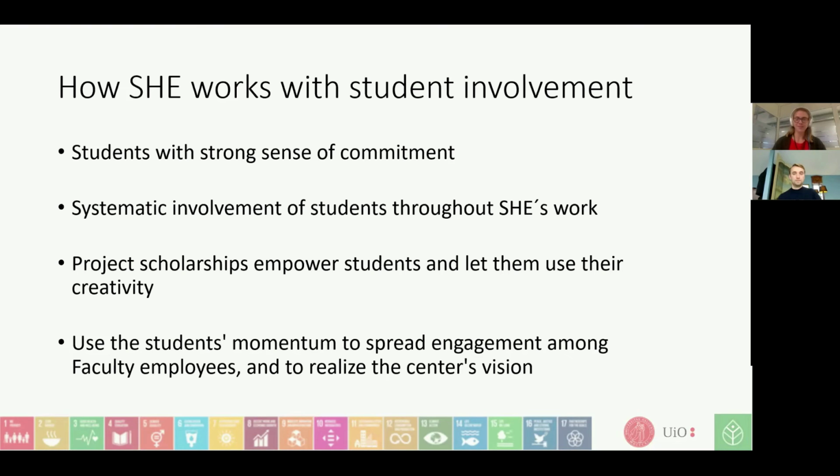The outcome of this work was that we now offer scholarships to student-driven projects. Our student group had many ideas on what these projects could be and what the results could be, and these ideas were really, really cool.